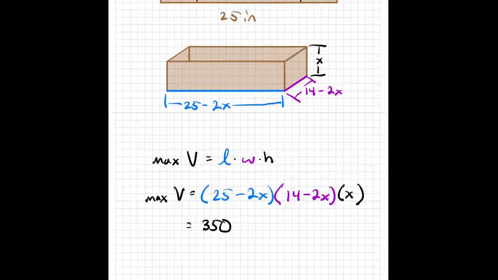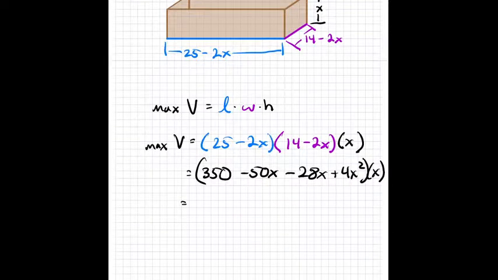Outer is minus 50x. Inner is what? Minus 28x. And last times last is going to be plus 4x squared. And don't forget about that extra x that we need to distribute. All right. If we keep going, I'm going to go ahead and distribute the x as well. I'm going to put it in descending power order.